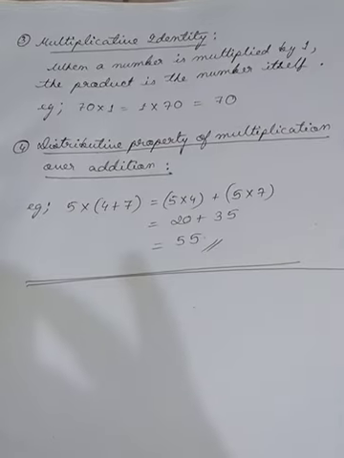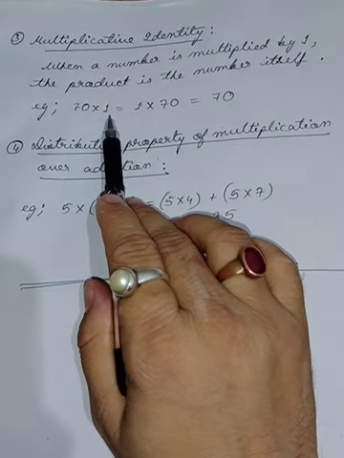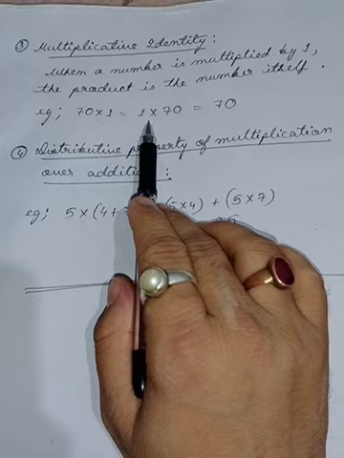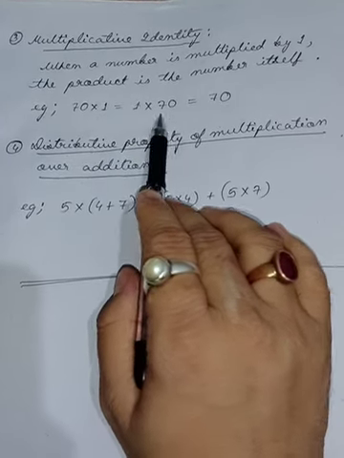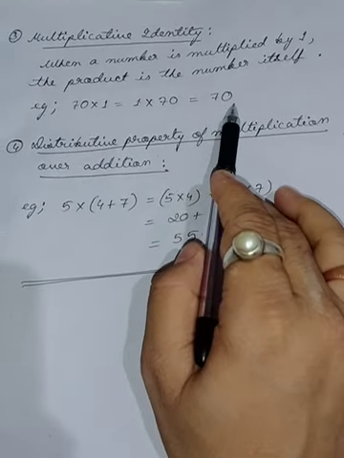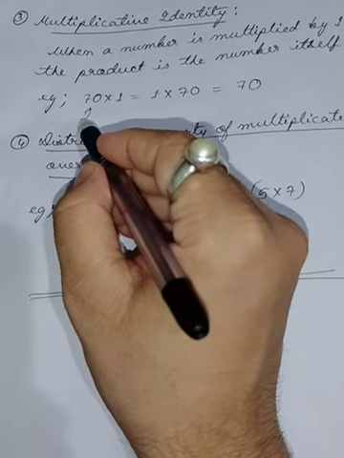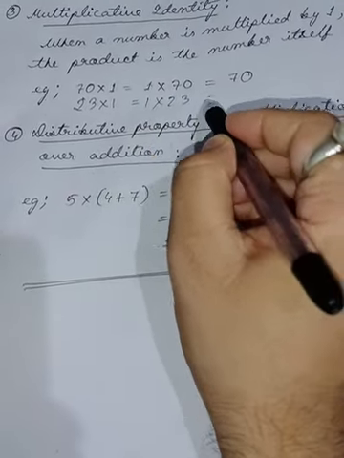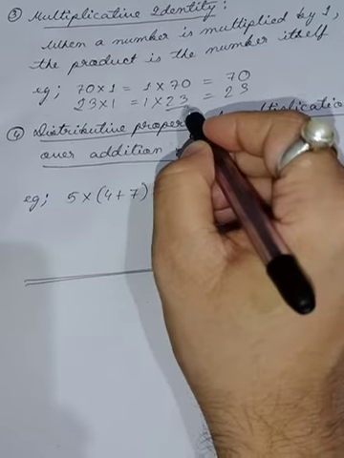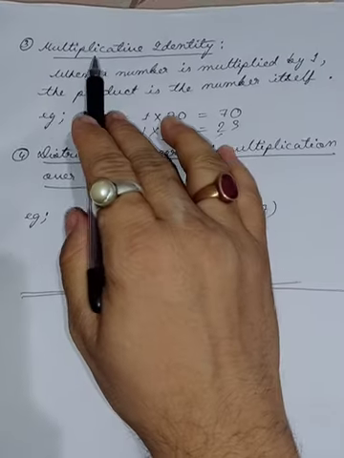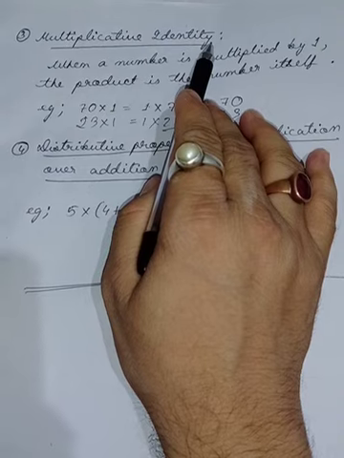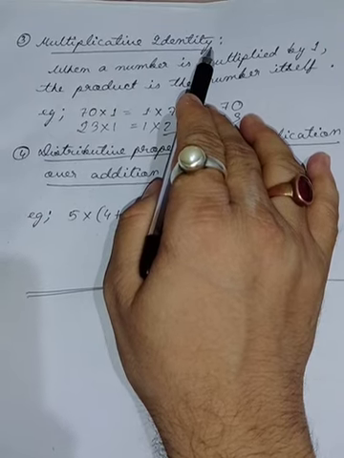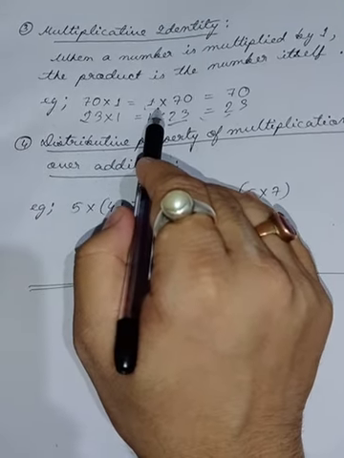Say for example, I take a number 70 and I multiply it by 1, or I multiply 1 with 70. Whatever way you do it, the answer is the number itself, that's 70. Say I take another number 23 into 1, or 1 into 23, I will get the number itself, that is 23. That means the identical number. That is why it is known as multiplicative identity. So when I ask you what is the multiplicative identity of a number, the answer will be 1.